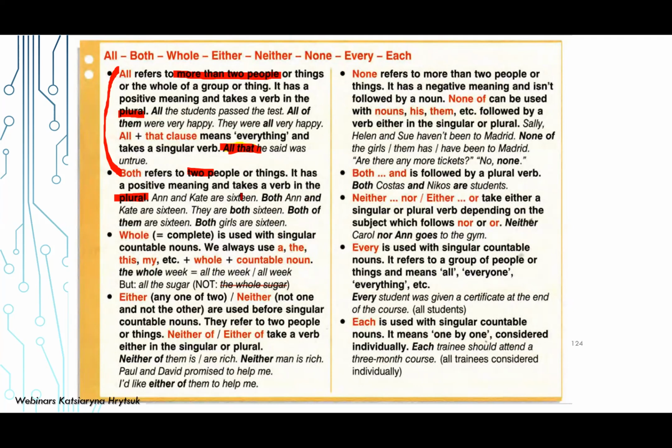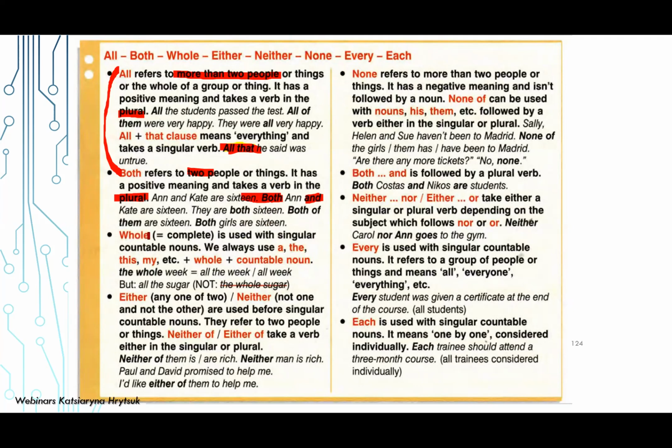Both Anne and Kate. Amelia and Zhenya understood pronouns. So both, they are both 16, both of them are 16. You can say both girls are 16, different examples.